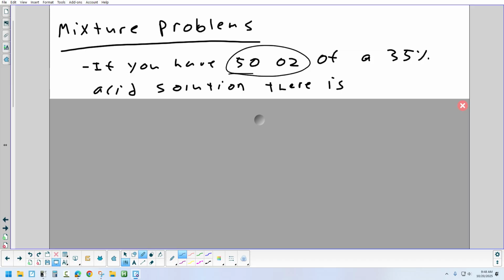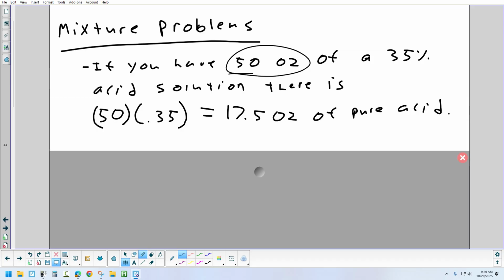You multiply 50 by 0.35. You basically just have to find 35% of 50. So out of the 50 ounces of volume you have in front of you, only 17 and a half ounces of it are acid, and maybe the rest was mixed with water. Any questions on that stuff?